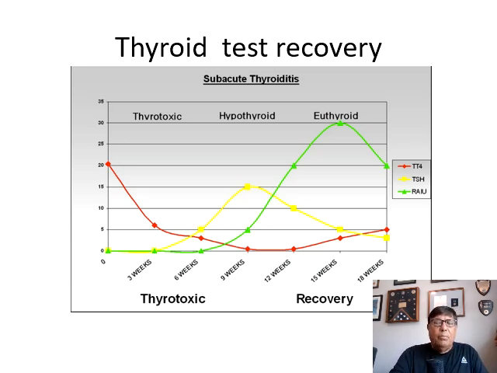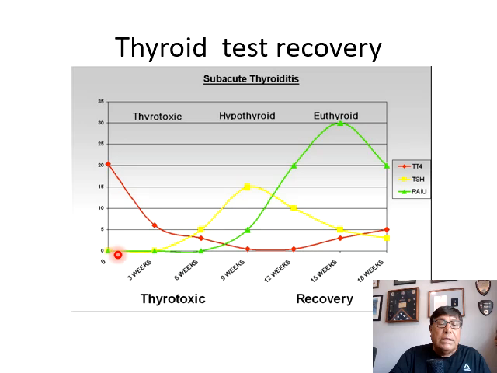This is the diagram we made, and this shows the recovery thyroid tests. This is T4 and this yellow is TSH. So let's pay attention to these two. In the beginning, obviously the T4 level is high and TSH is suppressed, and T4 levels continue to go low to a point where they may be in a mild hypothyroid range, and slowly and gradually come back to the normal range.